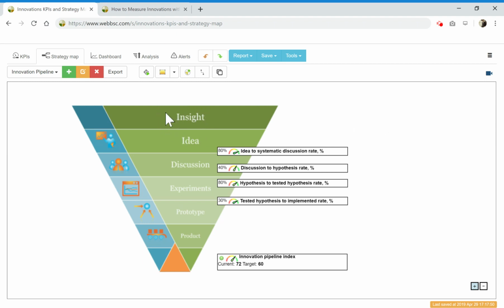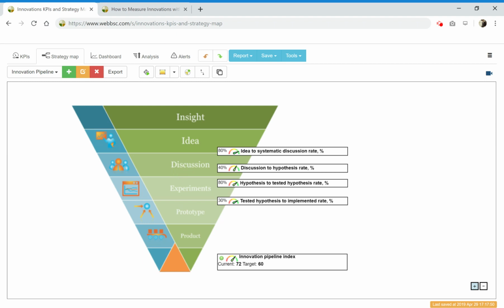Normally we start with some kind of insight or some rough idea that someone has, and if this idea was a good one, sooner or later we end up with discussing this idea with our colleagues, and if our colleagues confirm that this idea is a good one, then we can expect that there will be some test of waters.